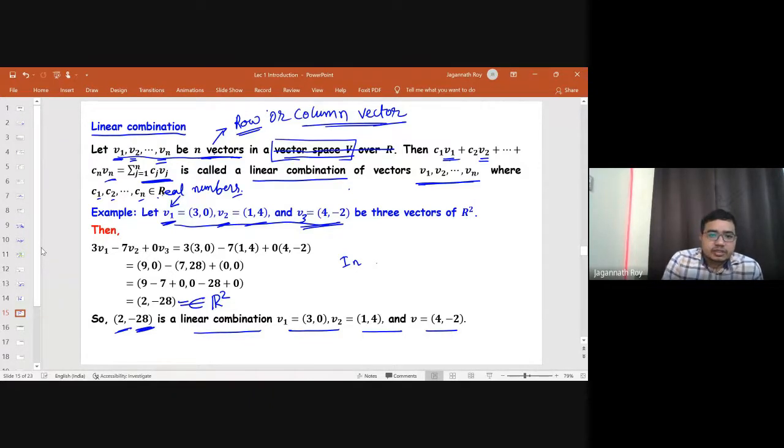We have to keep the power of these vectors as 1. In fact, v1 squared is not valid so far. We can define it later, but as of now, it is not valid in this course.